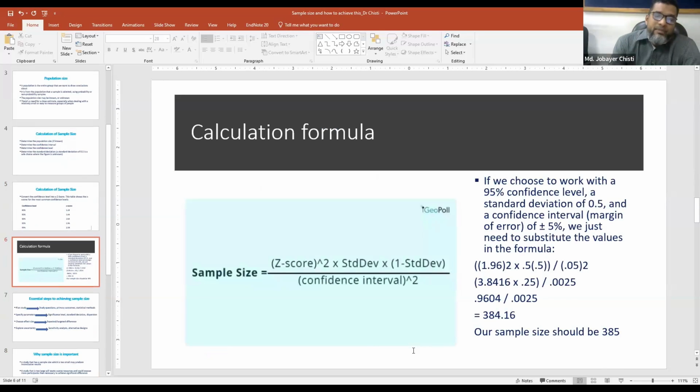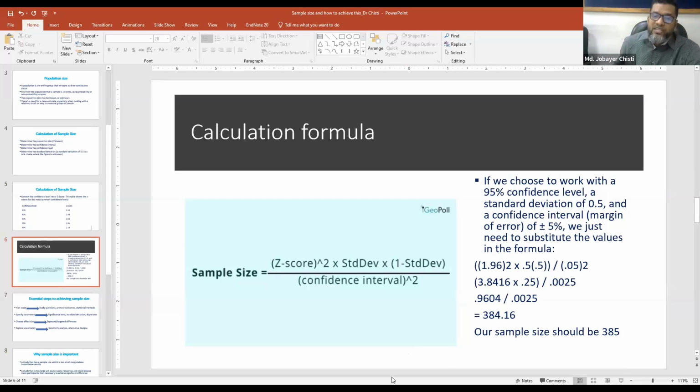And for that, I have given an example of how to calculate the sample size just for an observational study, mainly a descriptive study, by knowing the confidence interval as well as confidence level with type 1 error.